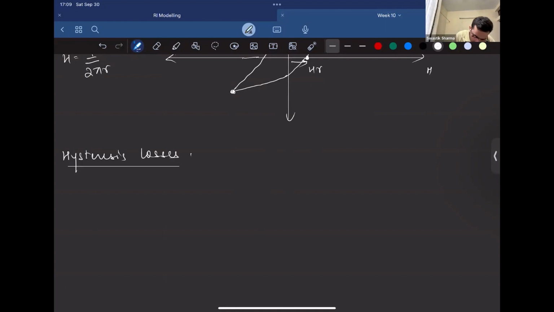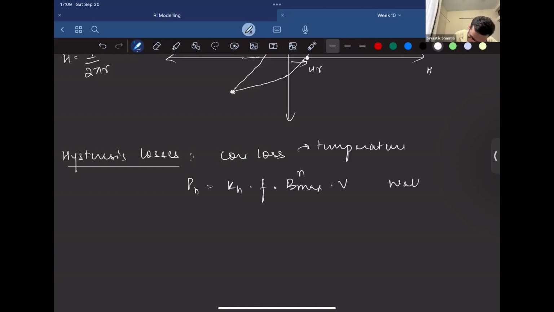Hysteresis loss is a core loss, and it usually causes temperature variation. It increases temperature, obviously, as losses increase temperature. It's generally given by Kh times f times B max to the power n times volume, in watts.